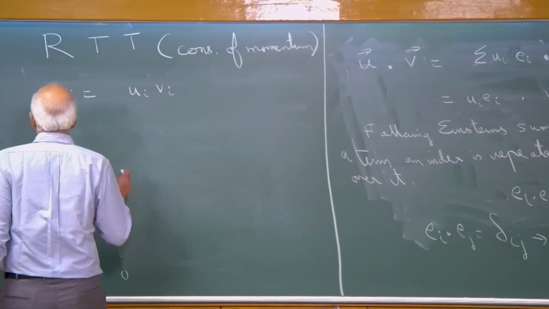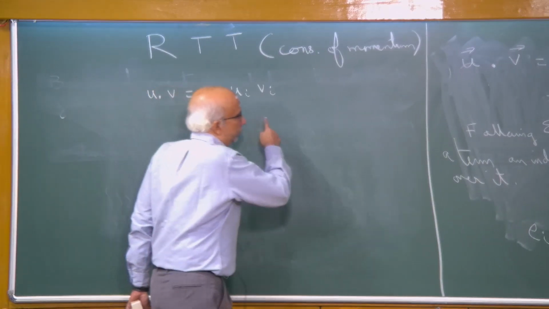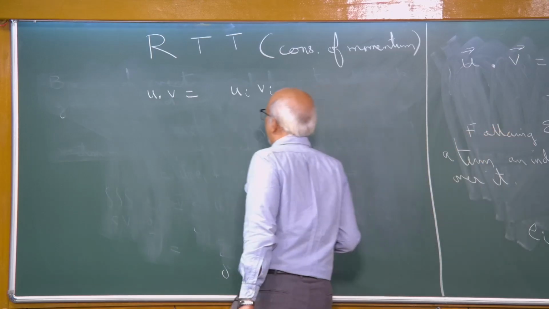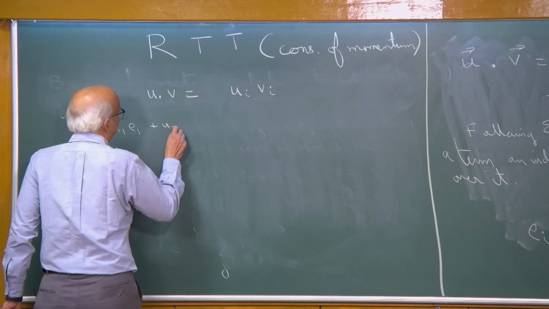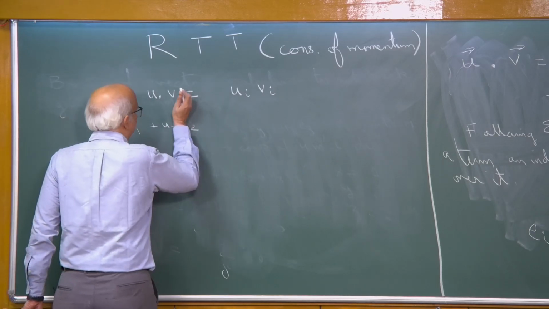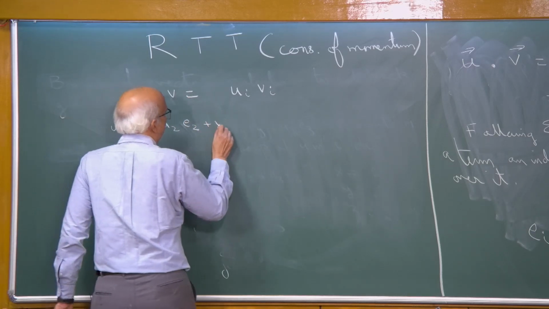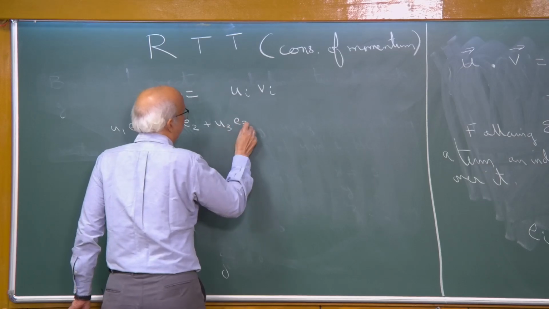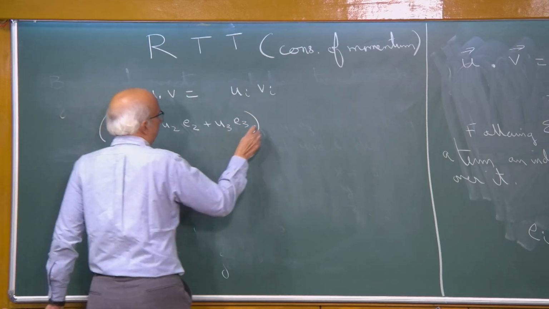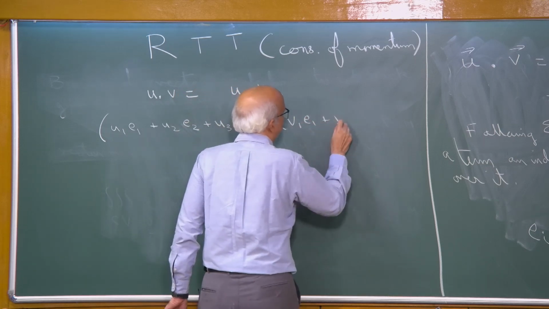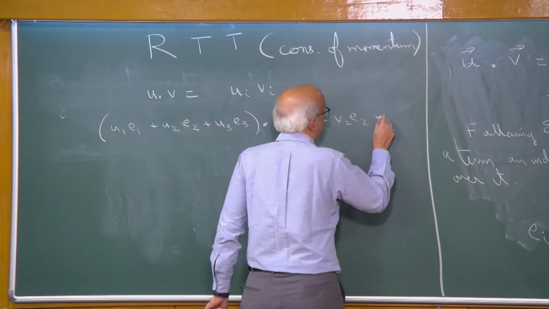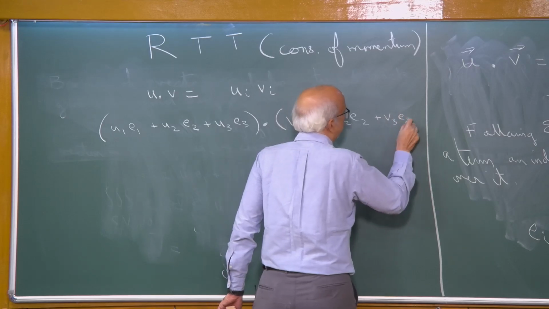So look at that. If it's not clear, let me explain. This is U1 E1 plus U2 E2 plus U3 E3 dotted with V1 E1 plus V2 E2 plus V3 E3.